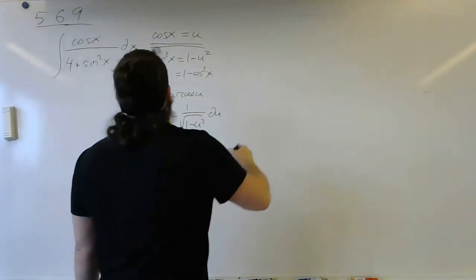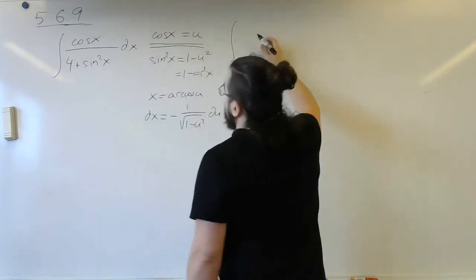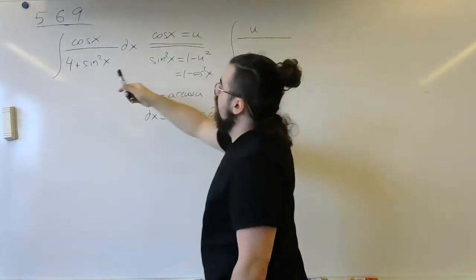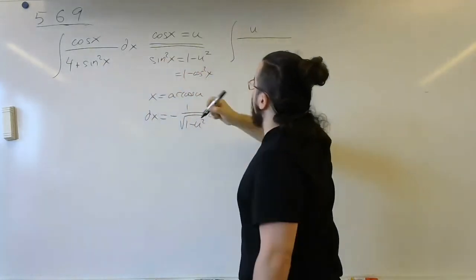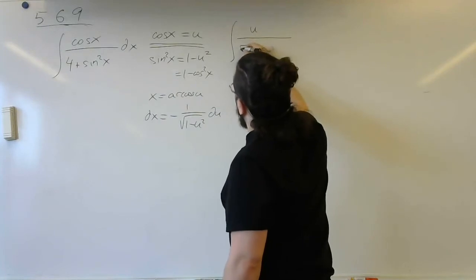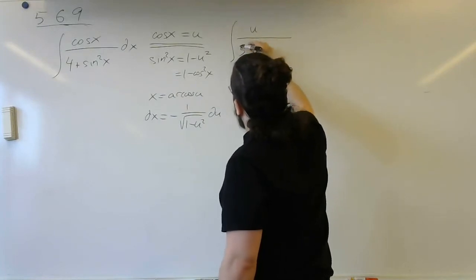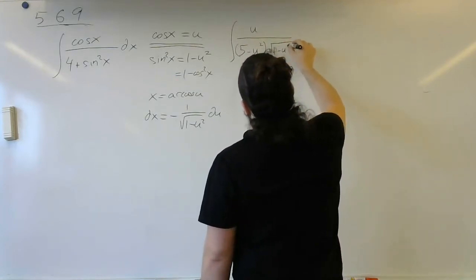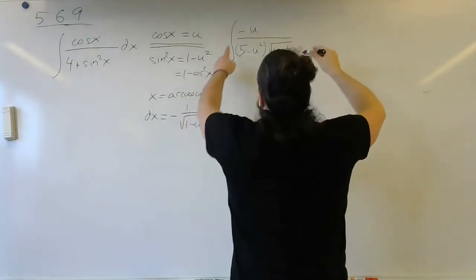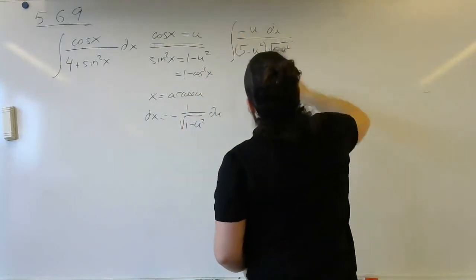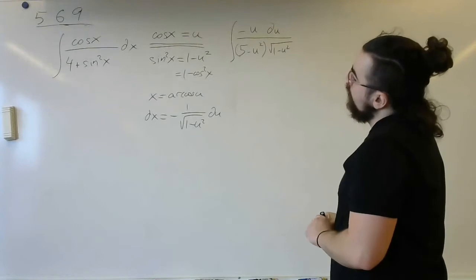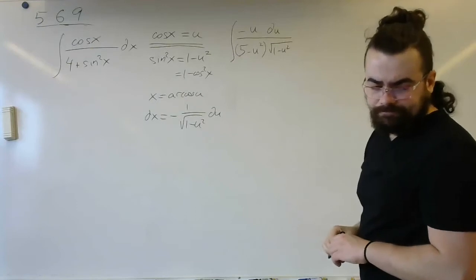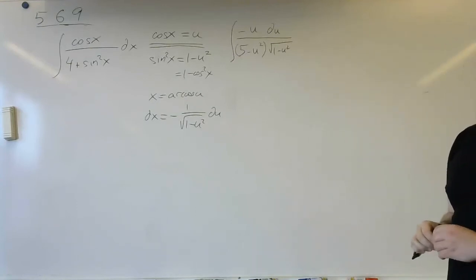It happens. And now let's replace this. Up here we have u, and divided we have 4 plus 1 minus u squared. Minus. We have only made it worse, right? We have definitely only made it worse.